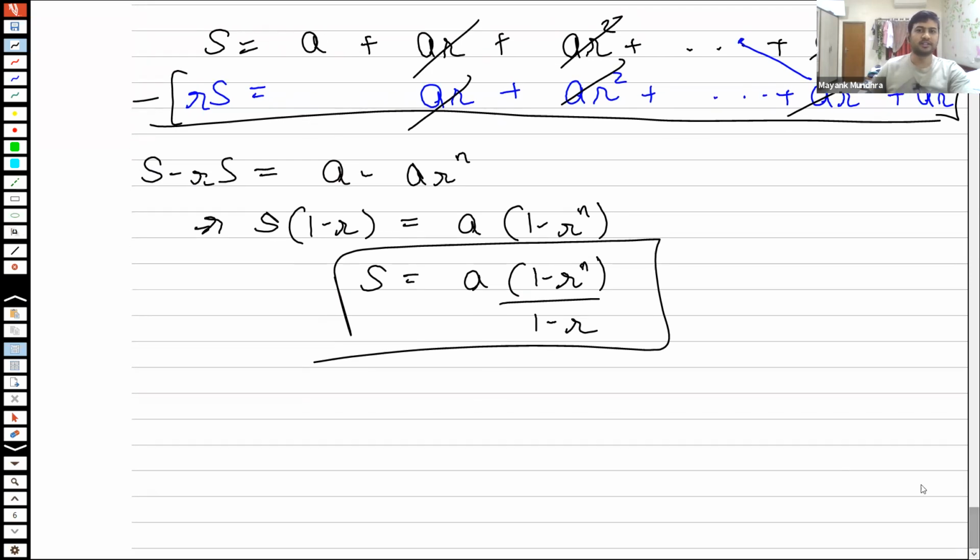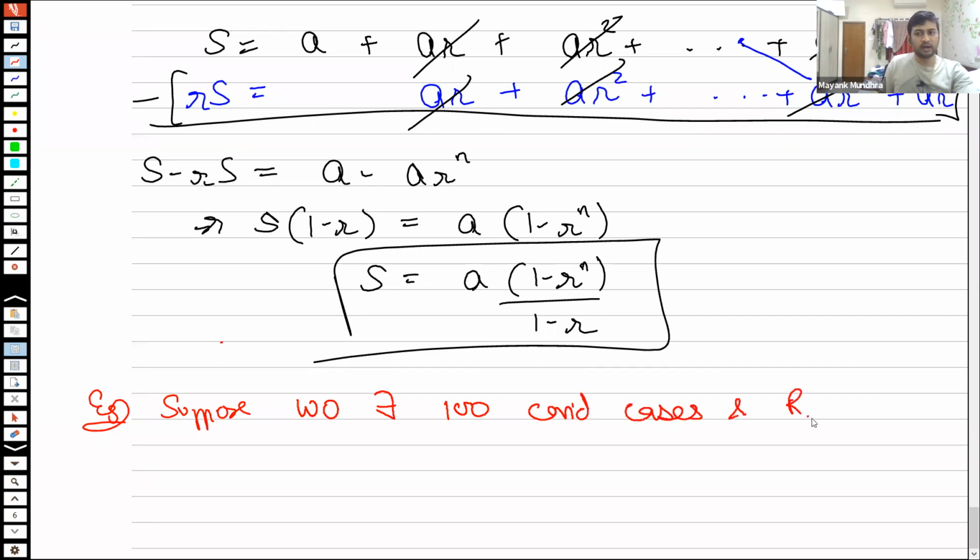So let's do a simple example. Suppose in week 0, there exist 100 COVID cases and R0 value is 2. That is, everybody infects 2 different people. So if I am infected today, 2 weeks later I'll be cured, but 2 different people would be infected by me in 2 weeks.